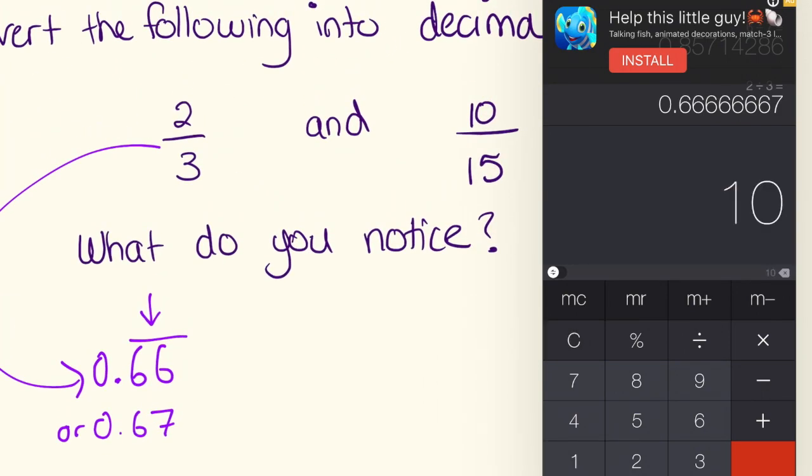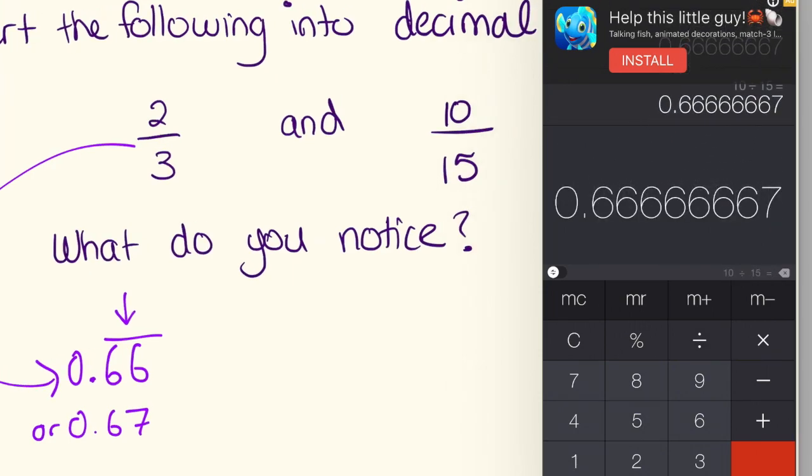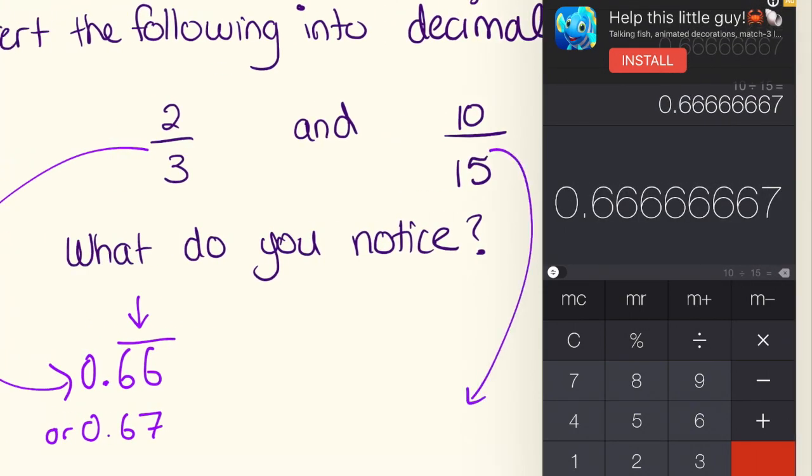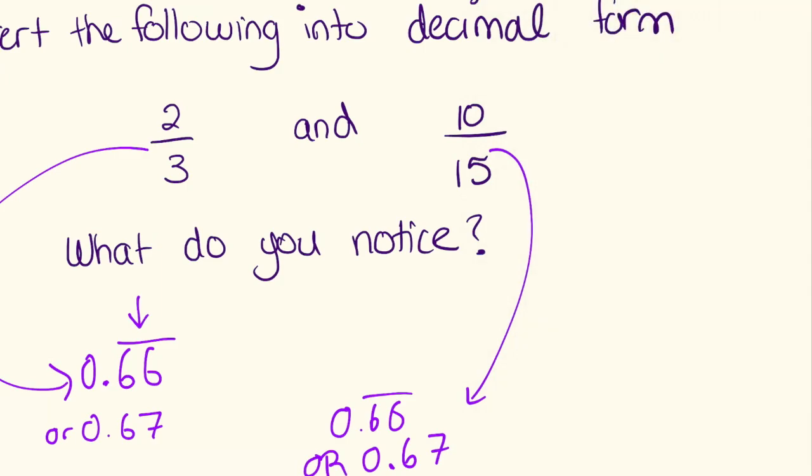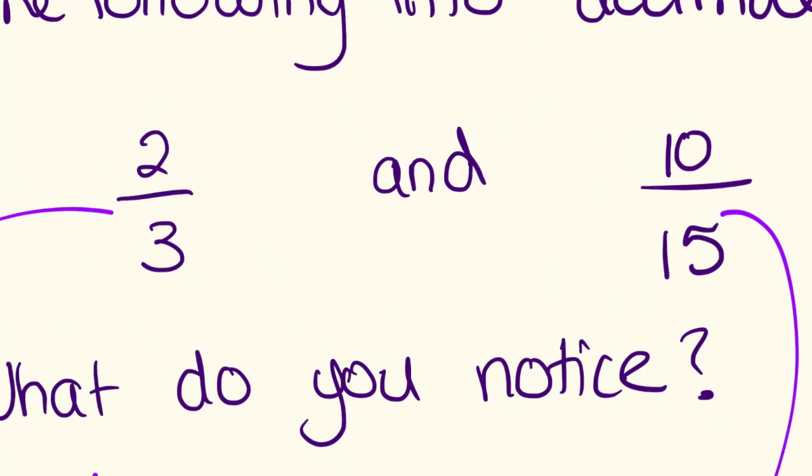What do you get if you do 10 divided by 15 now? Well, what do you know? You get the same thing, 0.66 or 0.67. You might have also already noticed, because you've done this before, that 2 over 3 and 10 out of 15 look like they are equivalent fractions.